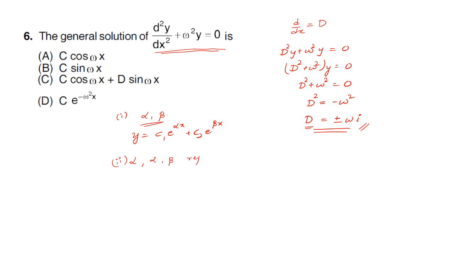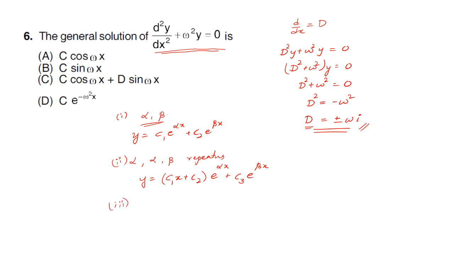This is for repeating roots, and y can be written as y is equal to (c1 x plus c2) e raised to alpha x. So here in all cases c1, c2, c3 are constants.